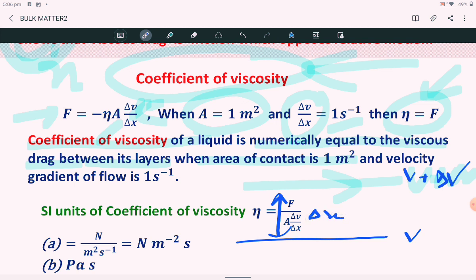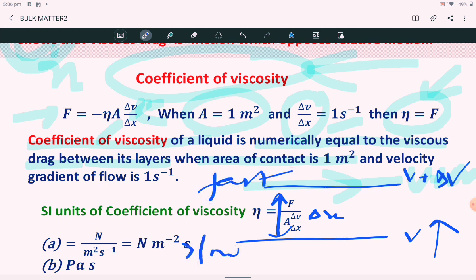So what happens actually, the layer which is moving with slower velocity, due to this viscous force, its velocity increases, and the upper layer which is moving fast, due to this viscous drag, its velocity decreases, and this continues until they reach a common velocity. So this is the viscous drag.